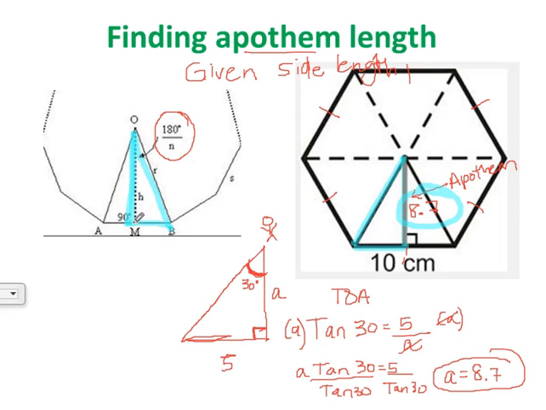And using the trig ratios, we can find the length from here to here, which is our apothem that we're trying to find. The apothem is not the hypotenuse. The apothem has to form a right angle with the base.